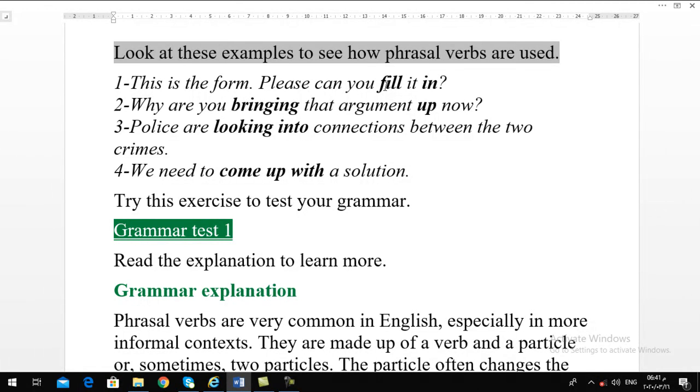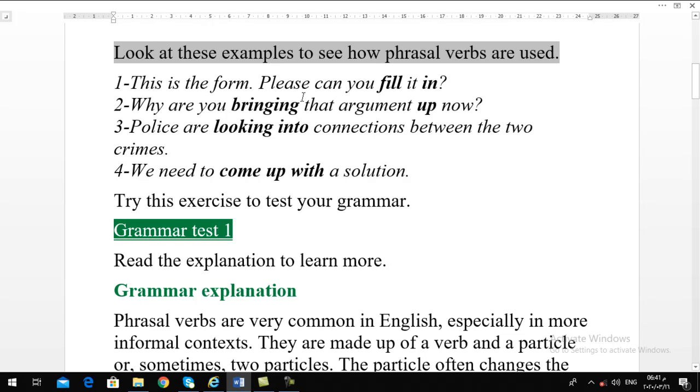But here, fill in, what do you guess the meaning is? It means to complete all the information in the form, in the application. So what changed the meaning of fill? The particle in changed the meaning to complete the information, not to put things in another thing to fill it up.